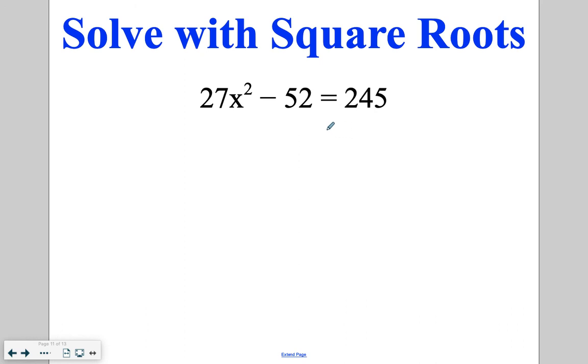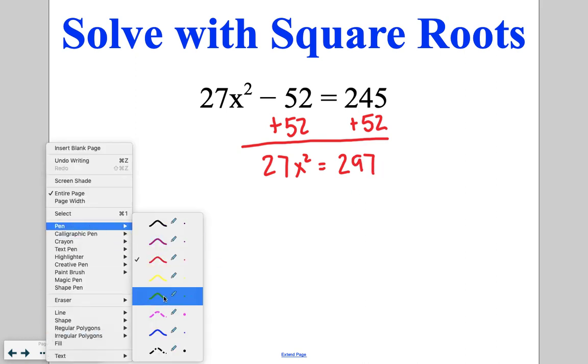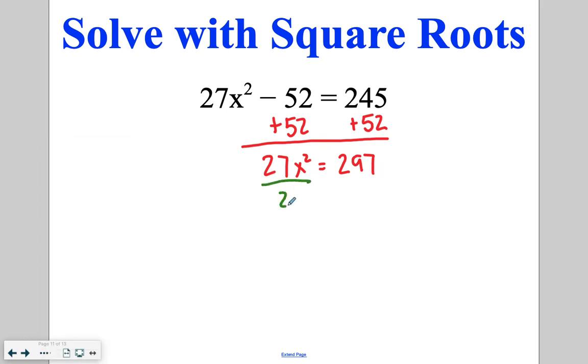So I'm going to go ahead and get rid of this 52 first. So I'm going to add 52 to both sides of my equation, giving me 27x squared is equal to 297. Then I'm going to go ahead and divide by 27 on both sides of the equation, and that is going to give me x squared is equal to 11.